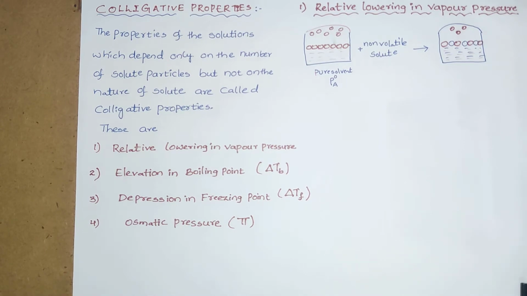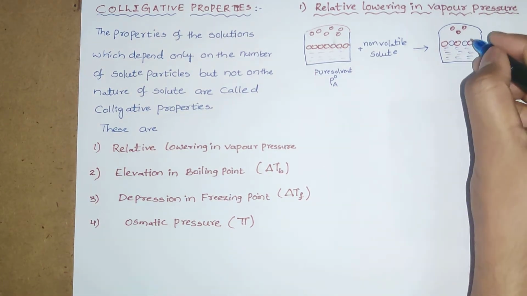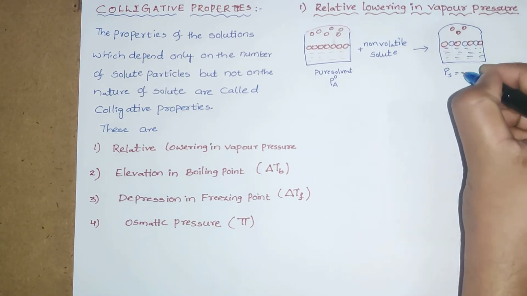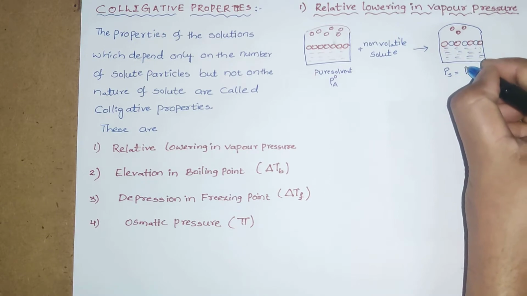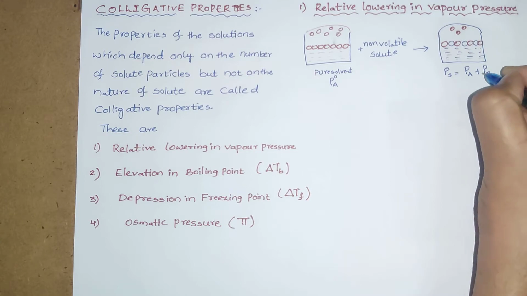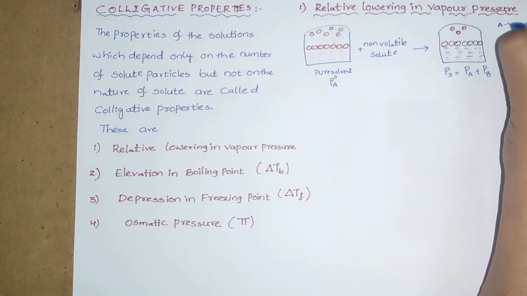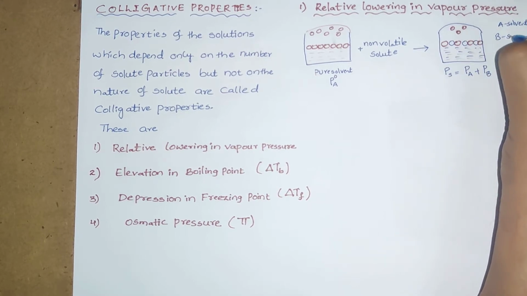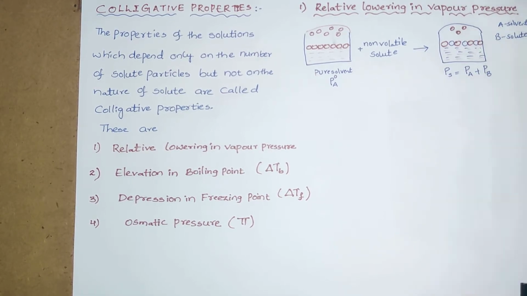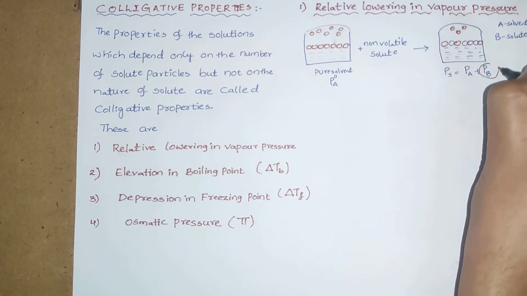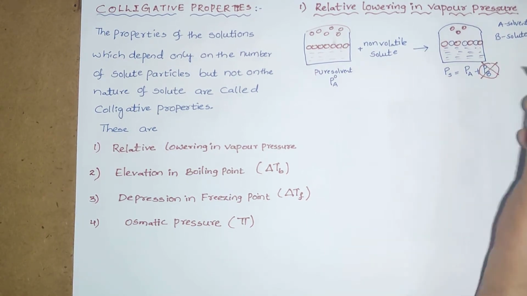Now the vapor pressure of this solution, say PS, is equal to the vapor pressure of the solvent plus the vapor pressure of the solute, say B. A is always the solvent, B means solute. But the solute is non-volatile, so the pressure exerted by the solute is 0.